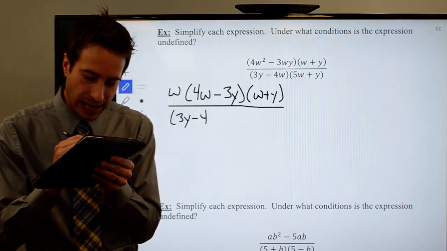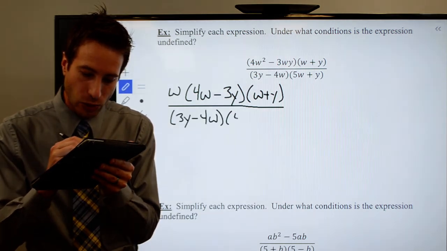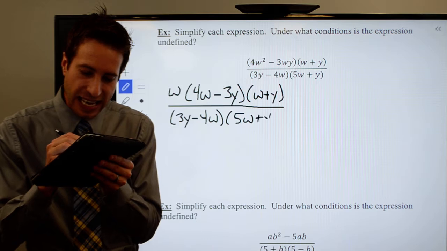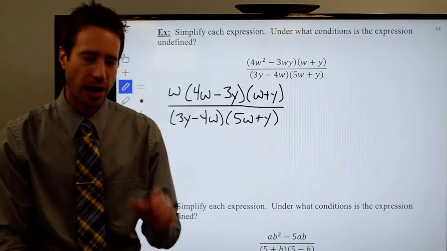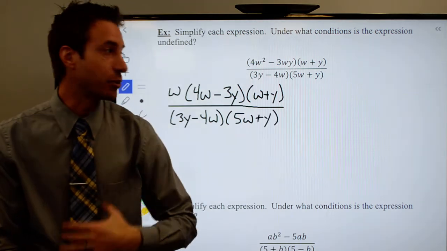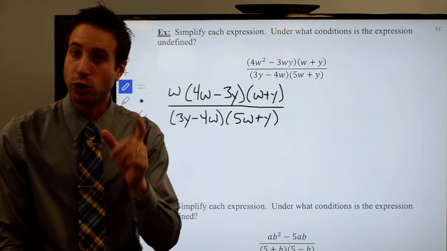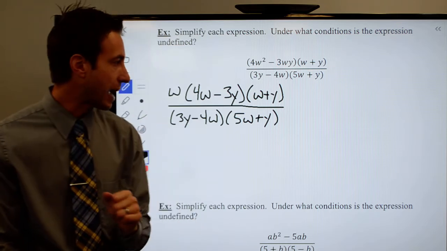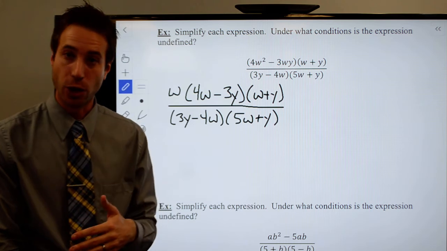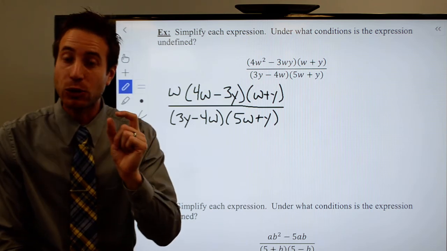But that means I don't have anything that cancels yet, and here's where there's a little trick. The reason I'm giving you this example problem is a little trick you're going to want to watch out for. Right now, nothing goes away, but I'm really close.